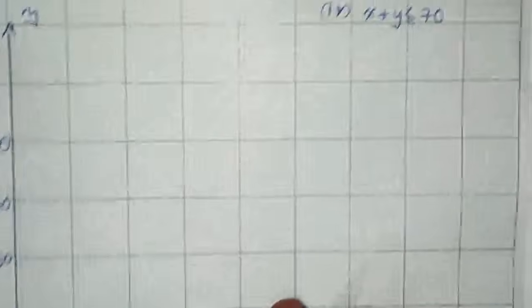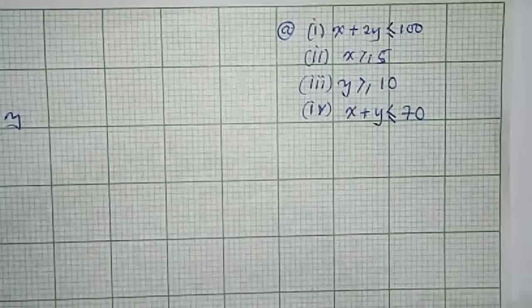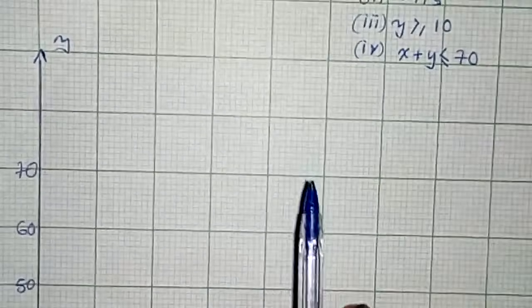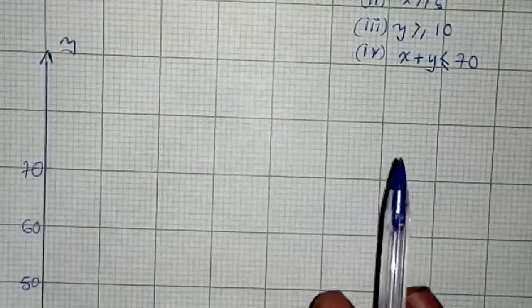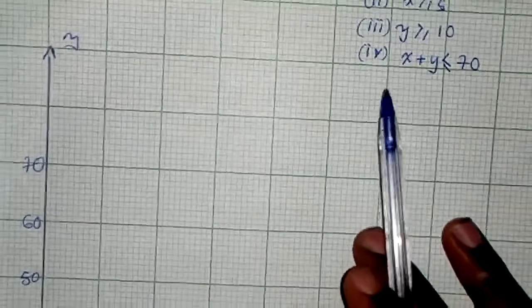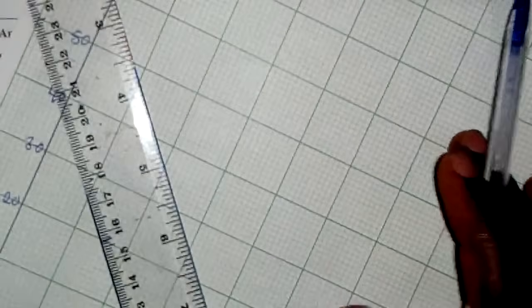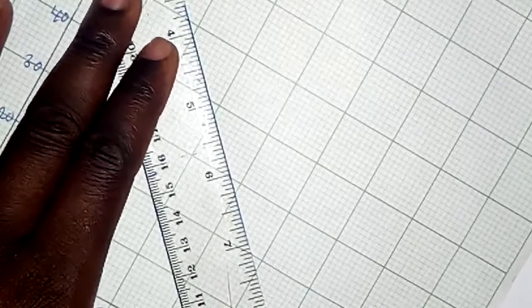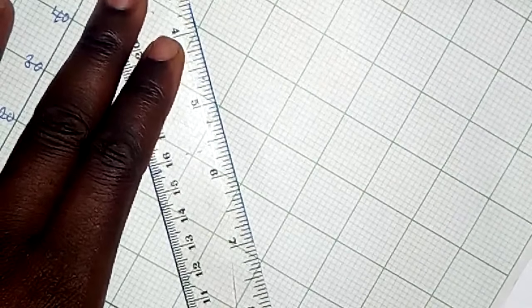So we can plot these inequalities. Whichever we want to start with, let me start with the bottom one, the x plus y equal to 70. If you haven't watched my video on the introduction of linear programming, you can watch it to see how to plot the equations or inequalities. So this one will pass on 70 here and there.